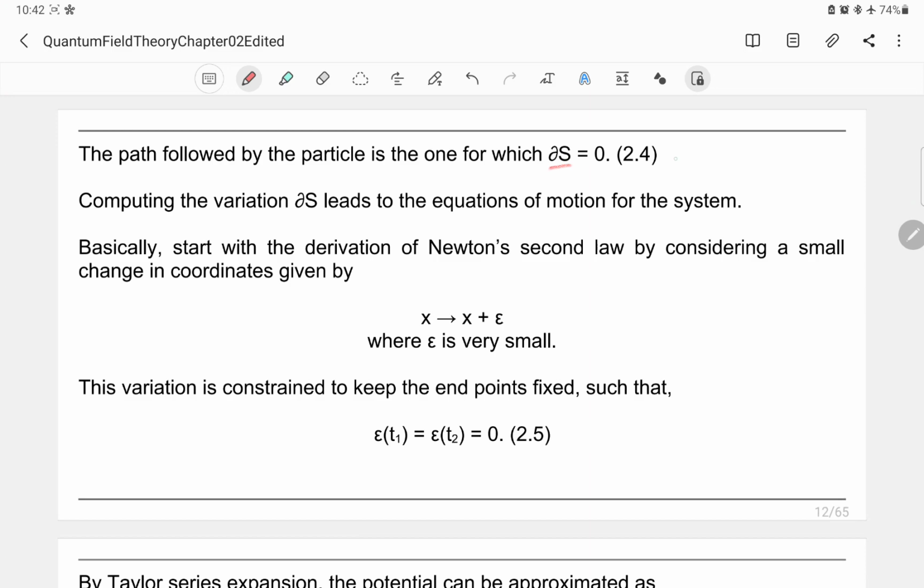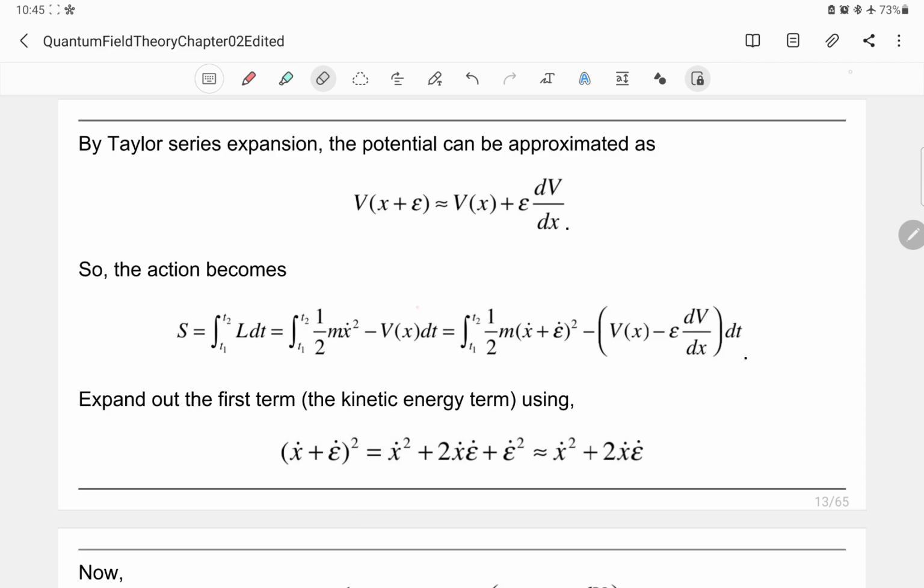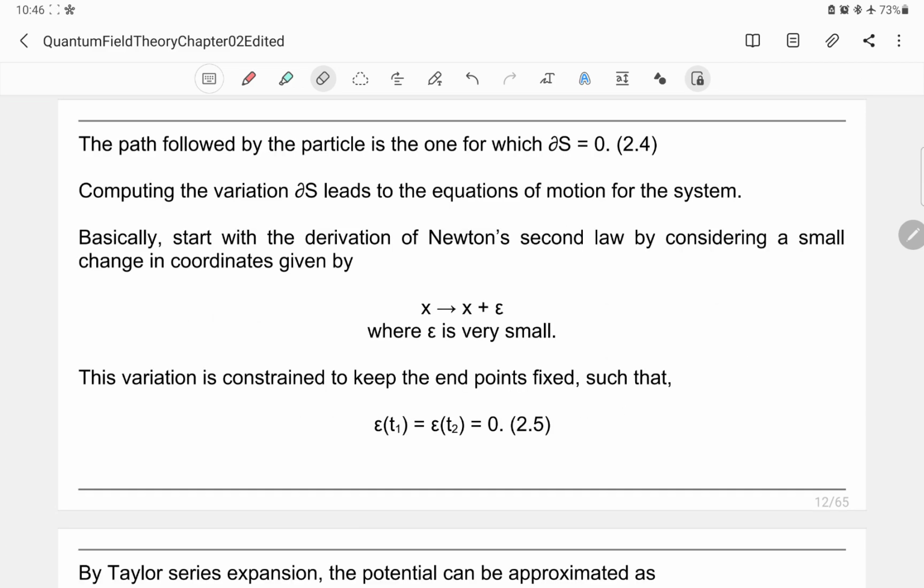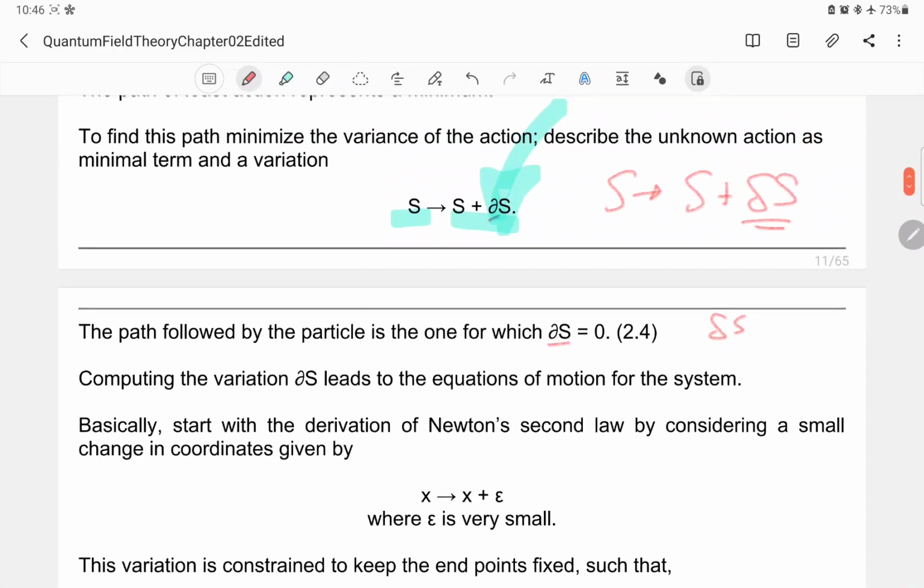So this is supposed to be delta S. So I had to go back to this slide. By the way, the path followed by the particle is the one for which the change in action should be equal to 0. Here, this is supposed to be delta S. Here it's written as differential of S, but it's actually delta S.